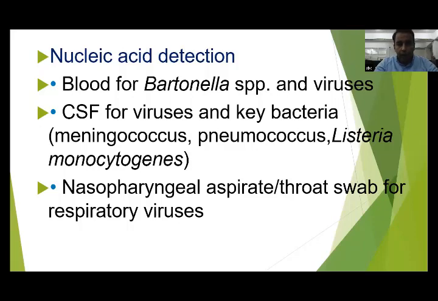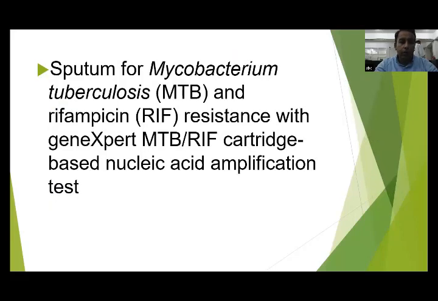Blood for Bartonella species PCR, CSF PCR for meningococcus, pneumococcus, listeria, and herpes virus, nasopharyngeal aspirate PCR for virus, sputum for mycobacterium tuberculosis. Always send sputum for AFB in a patient of PUO. This should be your first line priority.